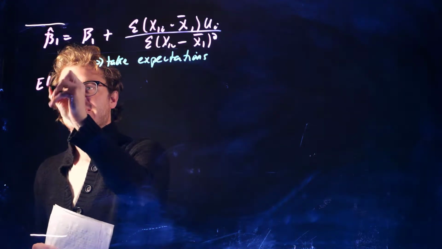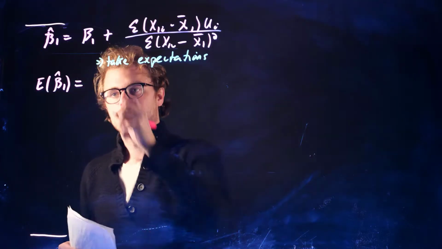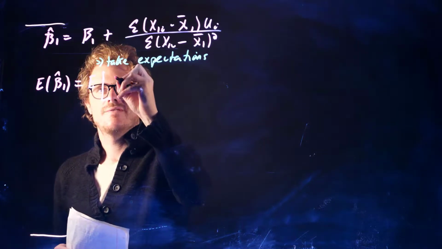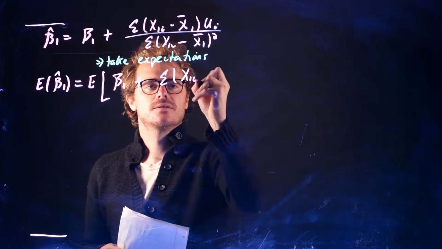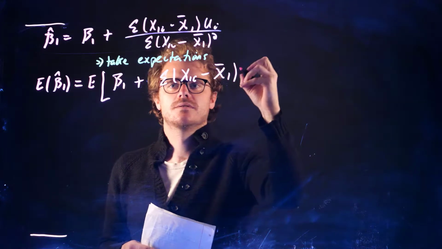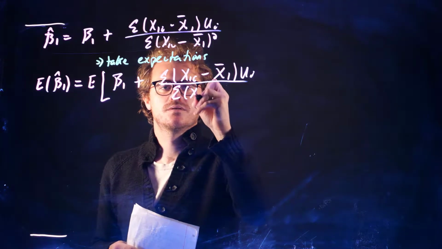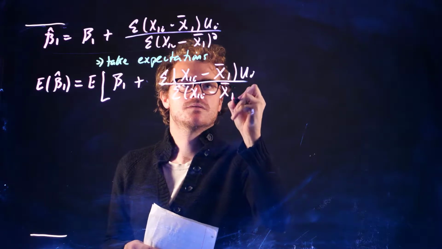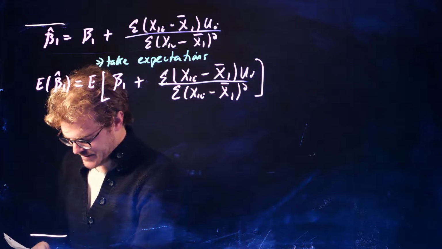So the expectation of beta hat 1, the expectation of everything on this right-hand side. So we're just taking the expectations of both sides.